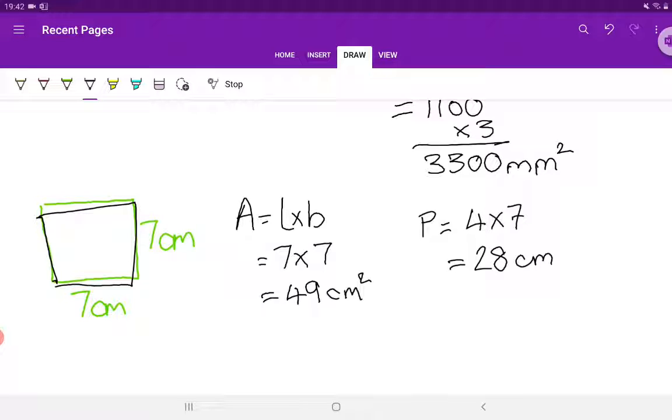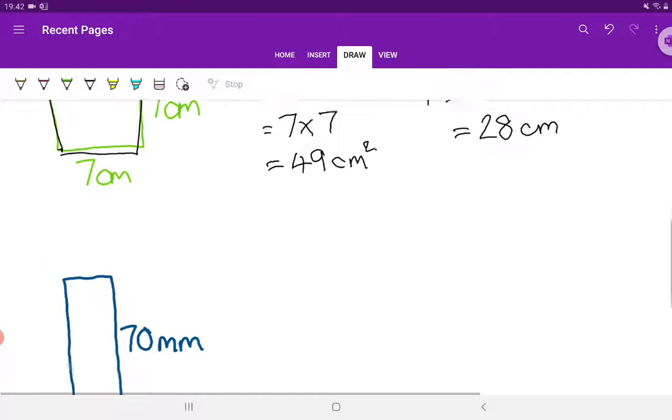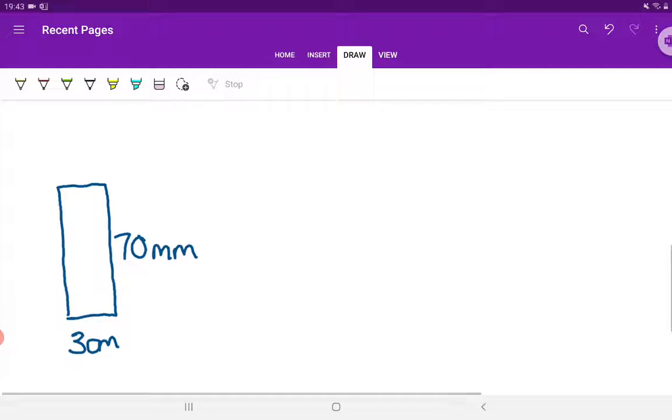Now, I wonder if you can spot why we're doing this final example. So we've got another rectangle, and this time the length and breadth are 70 millimetres and 3 centimetres. Now, something we've maybe not spoken about too much in class recently is the idea that we need to have matching units. So we're going to need to change this.